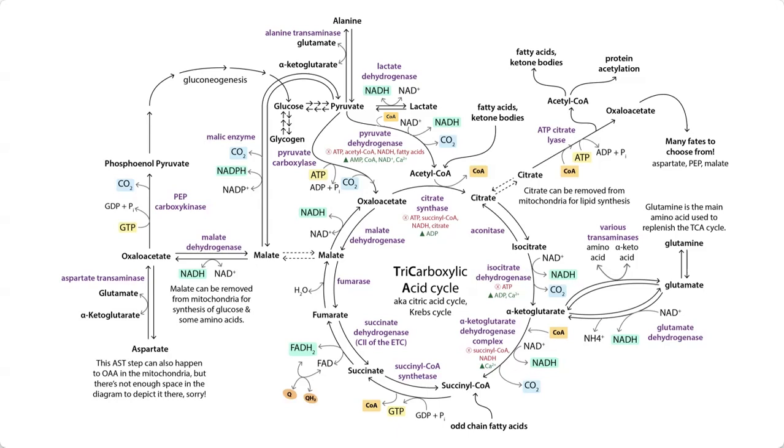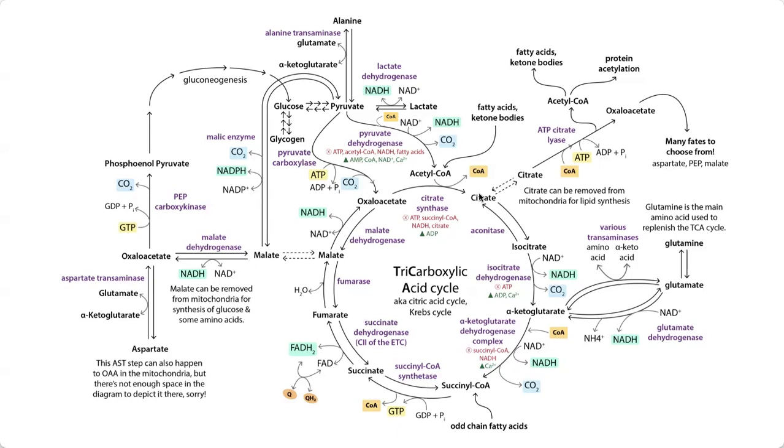If you had the cycle fully stocked and you kept putting in acetyl-CoA, but you kept taking out malate, the cycle would stop because you wouldn't have enough carbons. You're putting in 2 carbons, but you're taking out 4 carbons. So you're taking out more pennies than you're putting in, and the cycle can't go.